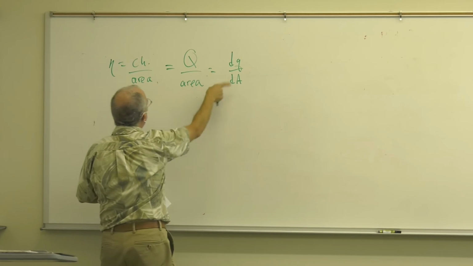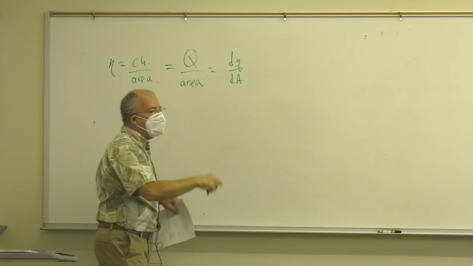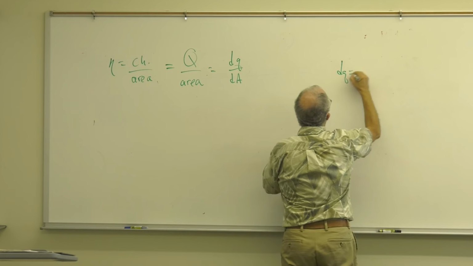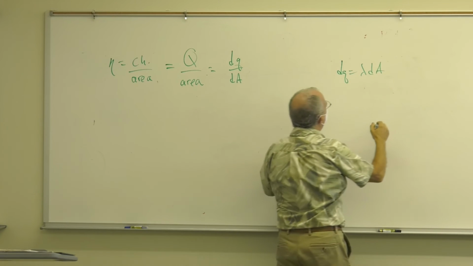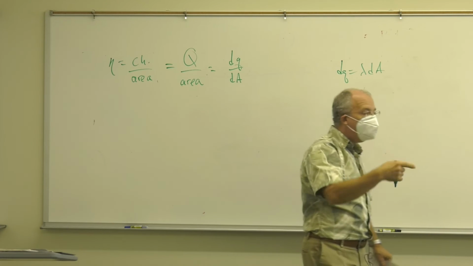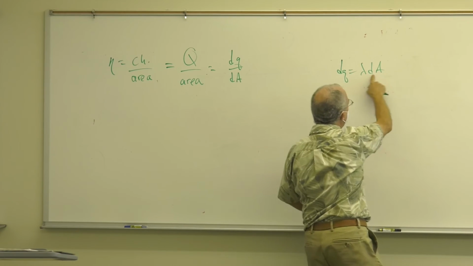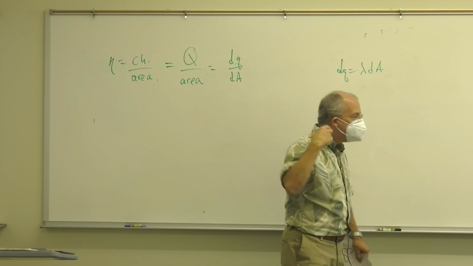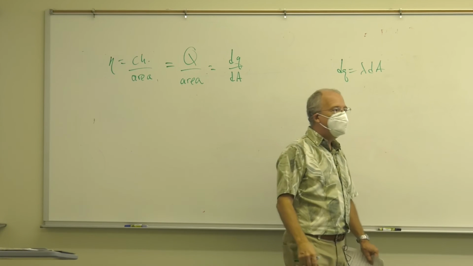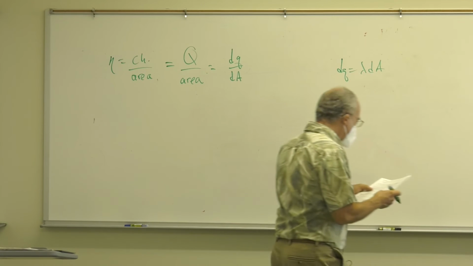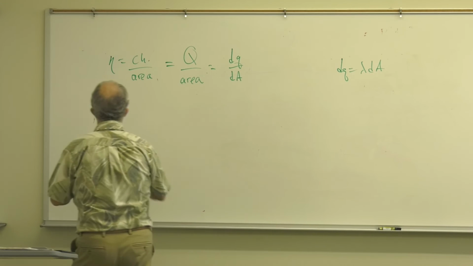So I'm going to have dq equals eta times dA. That means I got to integrate, right? Well, how am I supposed to integrate that? Because the dq is going to be my integral, right? I want a dx or a dy or d something. I don't want a dA. So I got to substitute. So I'll show you two ways to do it.